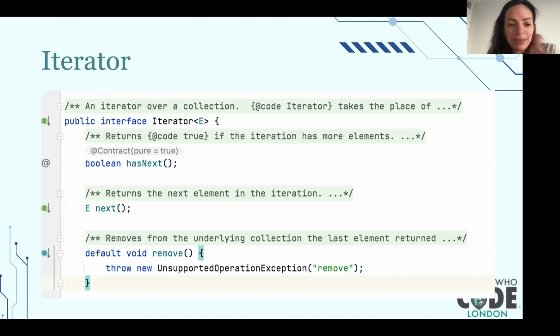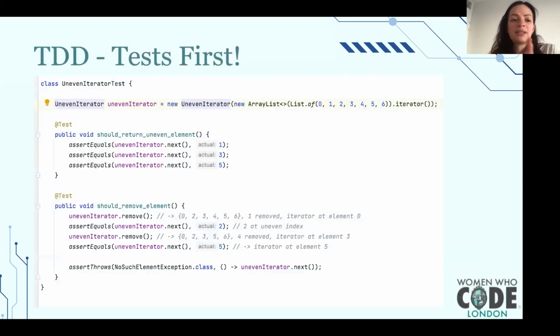We need to implement the same behavior as the iterator. So basically the pattern will be the same, we need to go next, and we need to check if it has next. But the thing that changed is that we need to go 2 steps instead of 1 step.